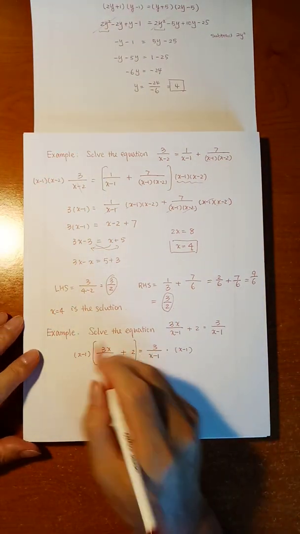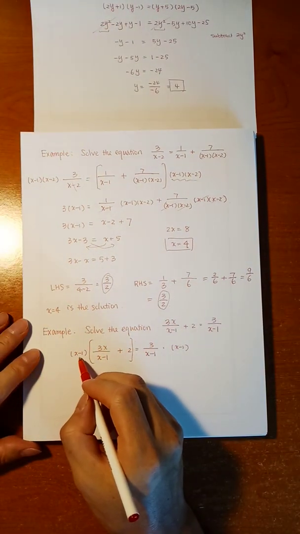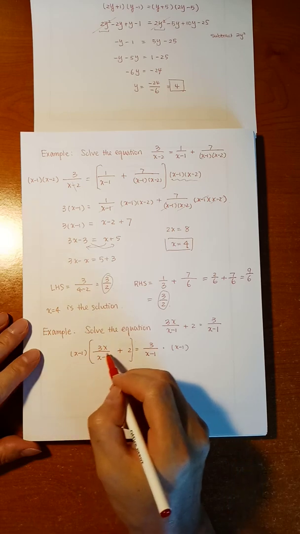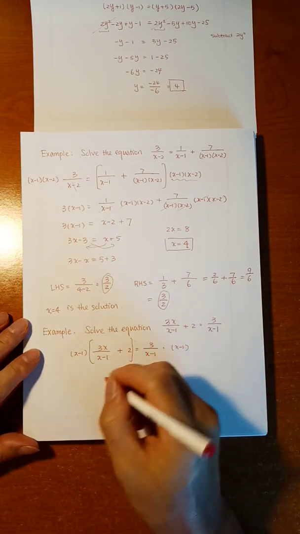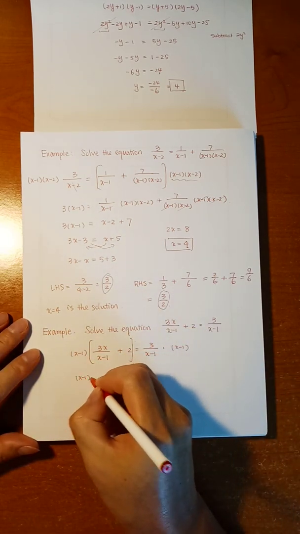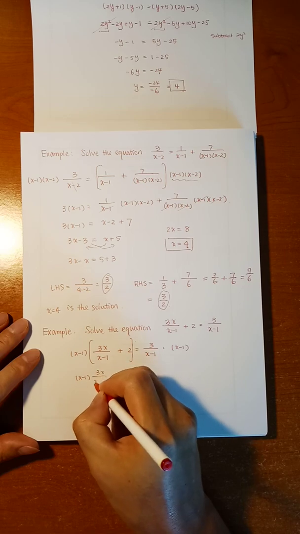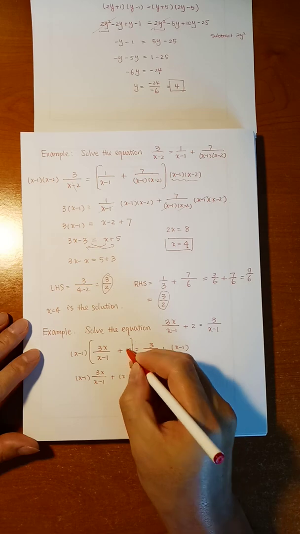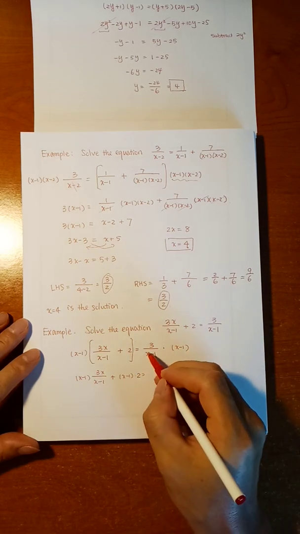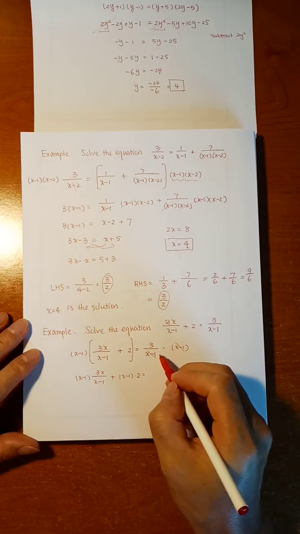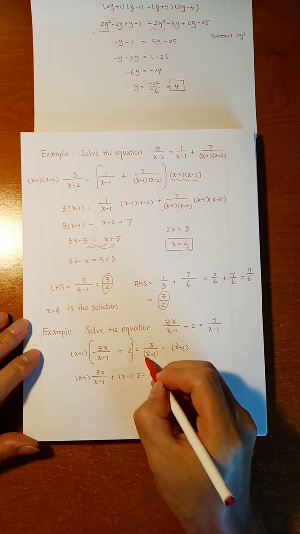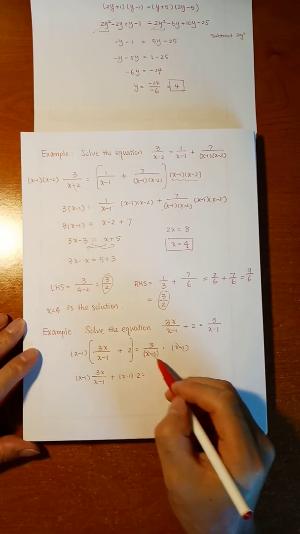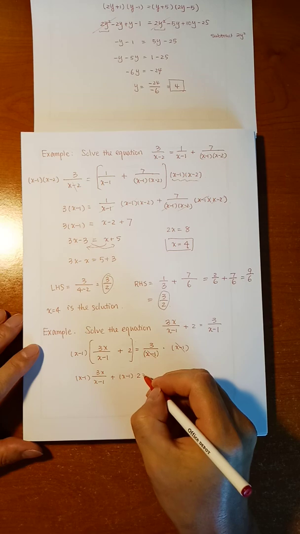Here on the left-hand side you have to distribute this x minus 1 into the parenthesis or bracket. So it's (x minus 1) times 3x over (x minus 1) plus (x minus 1) times 2. Don't forget this multiplication with 2. Here x minus 1 cancels. This time you consider x minus 1 as one term, so you can completely cancel it.